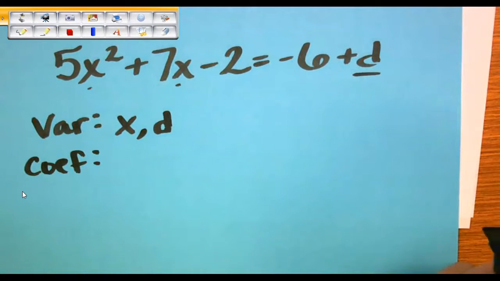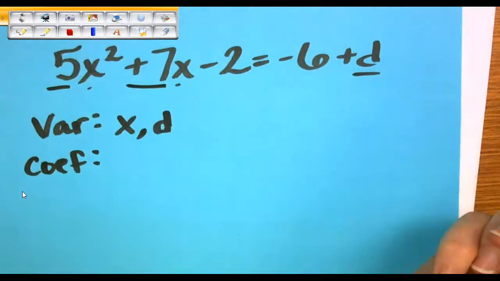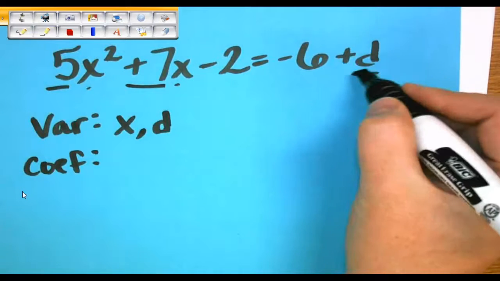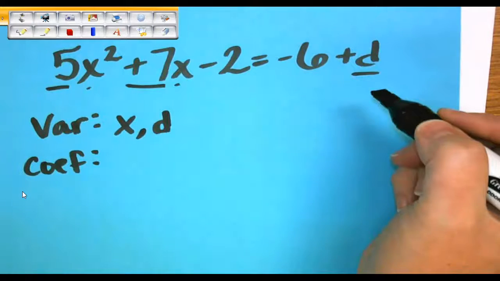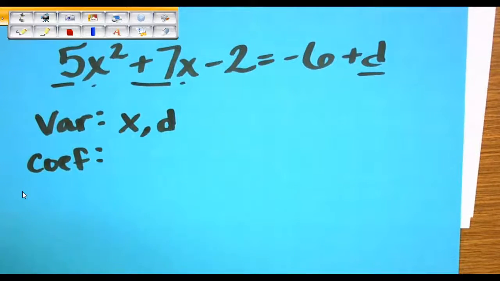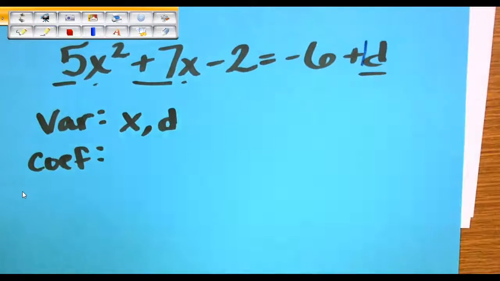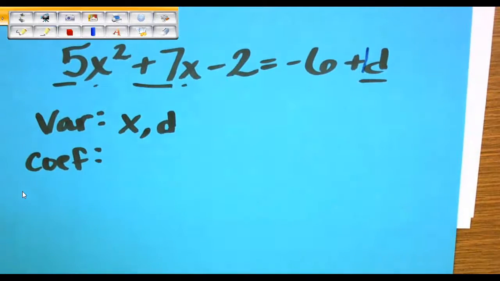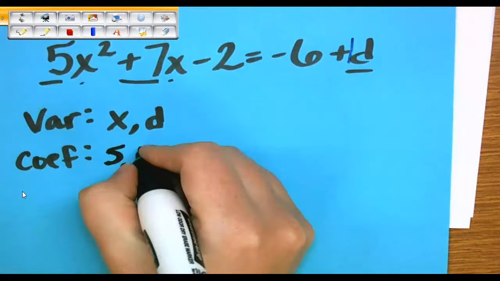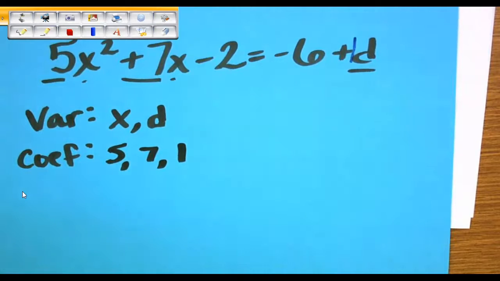What are the numbers in front of those variables? Well, I have 5. I have 7. And what is the coefficient to this letter D? I know I have a variable, so I have to have a coefficient with it. Remember, anytime that you have a variable that is all by itself, the coefficient is 1. So my coefficients here are 5, 7, and 1.